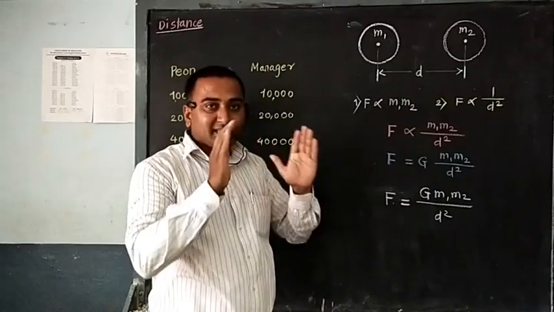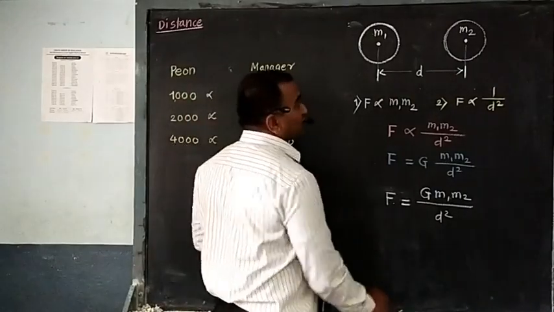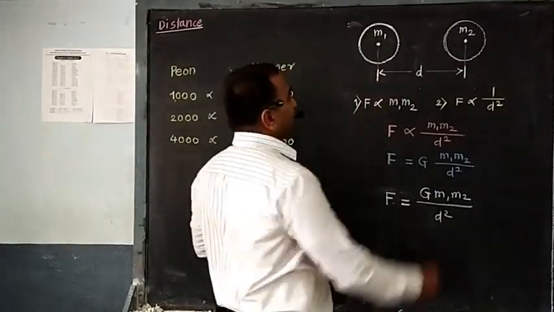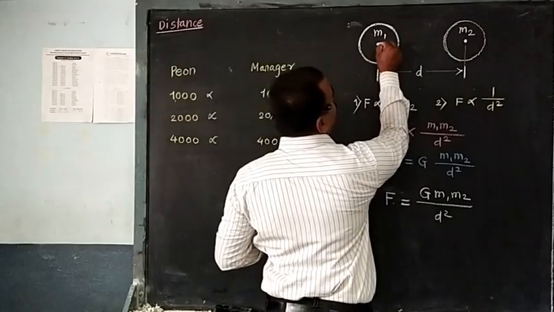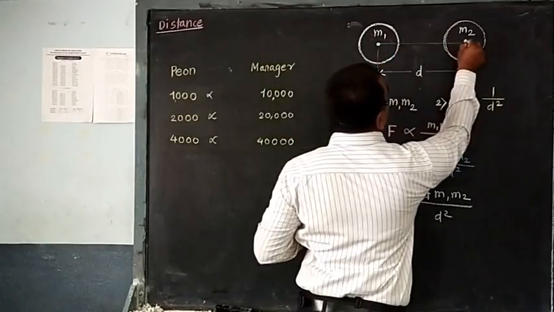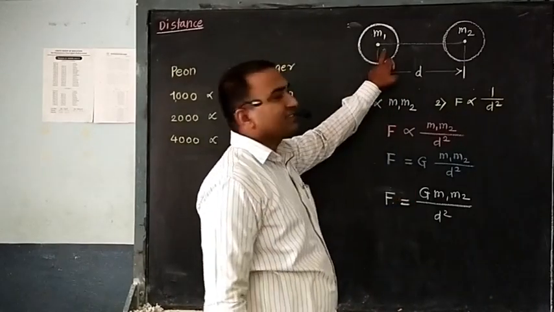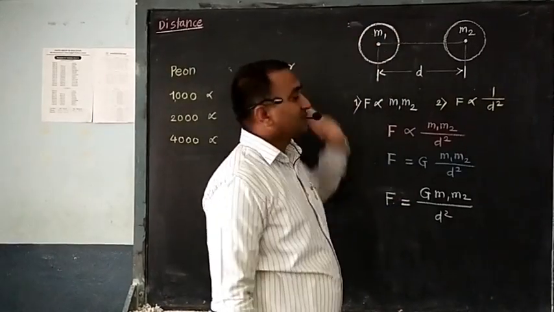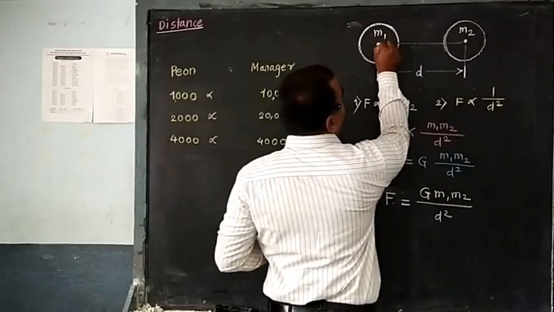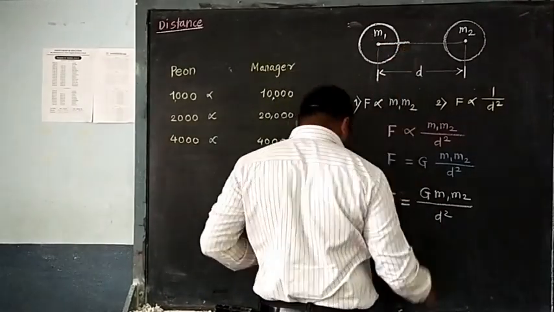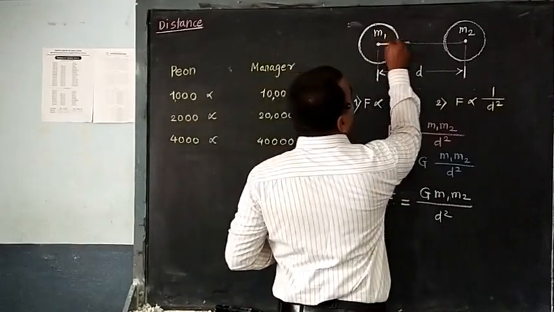When objects are spherical, the force between the two objects is along the line joining the centers of their mass, because these two objects are spherical. So definitely these two objects will attract each other towards their centers.